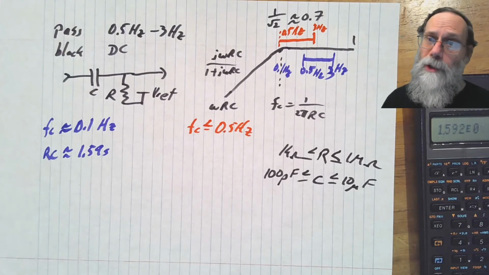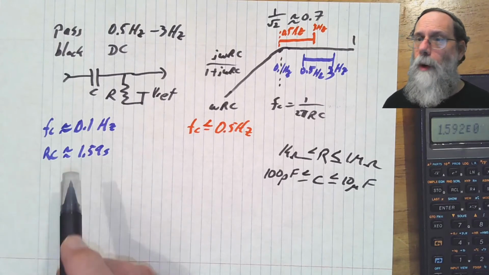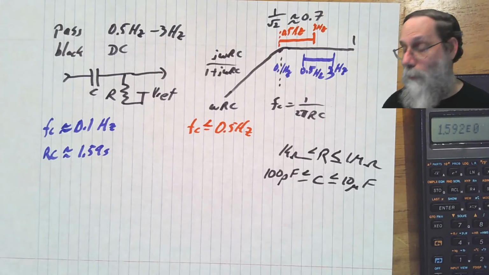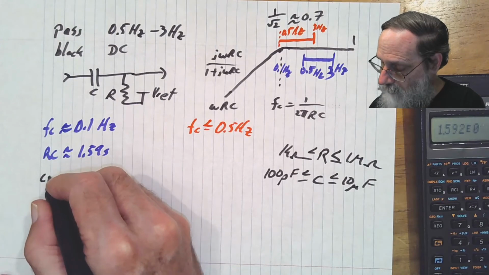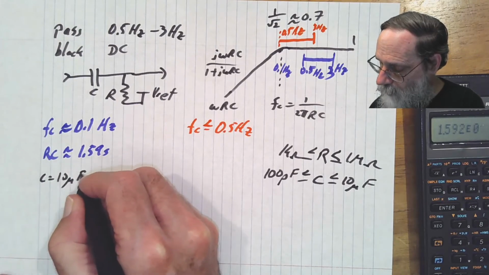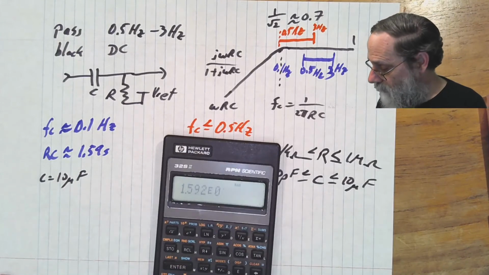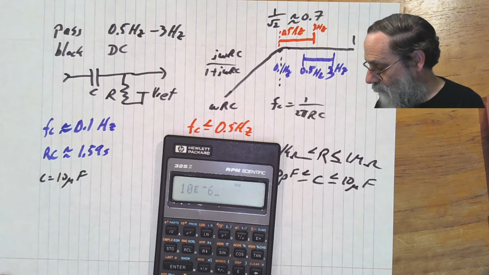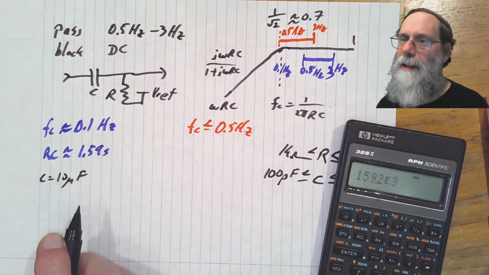Okay, so if we're using these rules of thumb and we're trying to get 1.59 seconds, we could take a look at what happens if we go for 10 microfarads, the biggest capacitor that we're willing to use. So if C is 10 microfarads, how big would R have to be? Well, you just take this and divide it by 10 microfarads, and I get 159 kilo ohms.